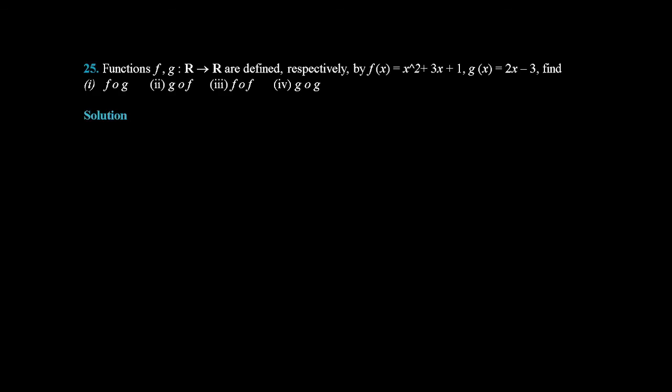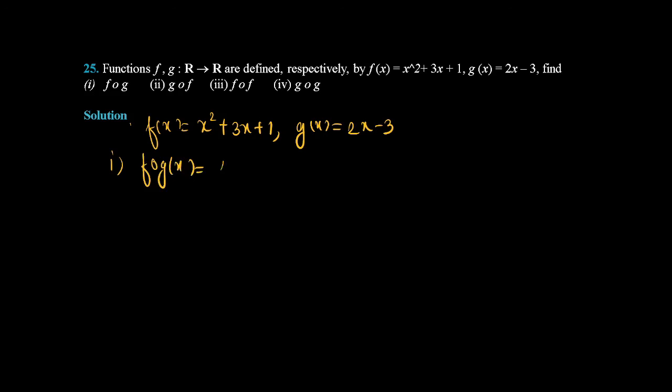Okay, so now in the next question, we have to define fog and gof and fof and gog function in all the cases. If the f function is defined as x square plus 3x plus 1 and the g function is defined as 2x minus 3. So in the first case we have to find f of gx.